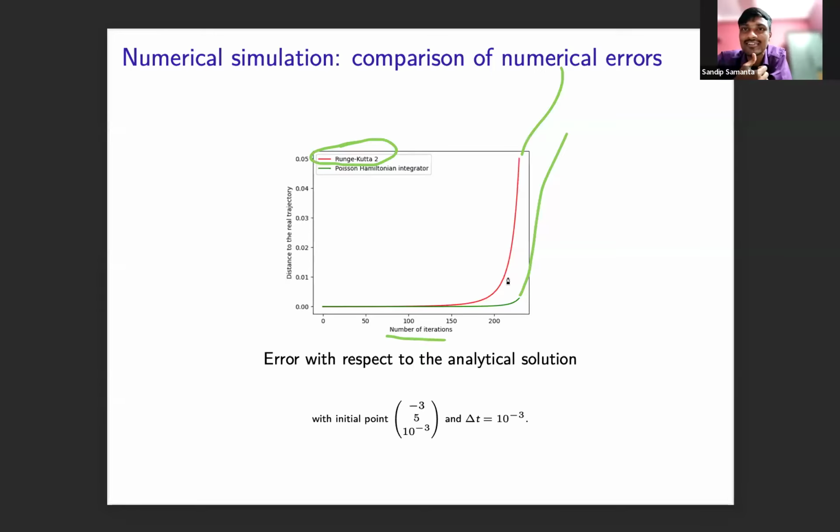Like the previous example, x1(t), x2(t) also go to infinity at that time. Right. So the trajectory itself goes to infinity, but also the distance between the integrator and the real trajectory goes to infinity, because you cannot approximate anything anymore. Numbers are too big.